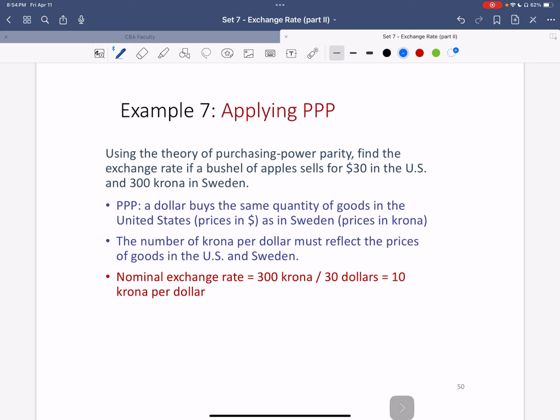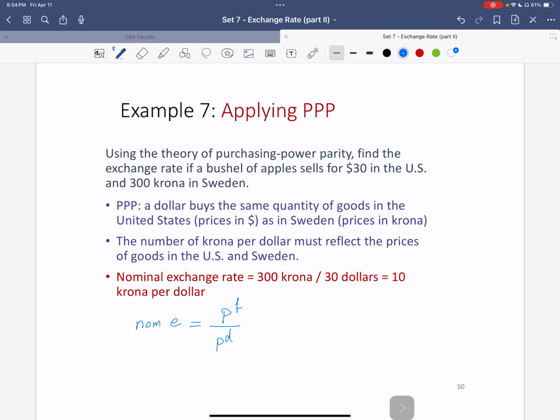So the number of krona per dollar must reflect the prices of goods in the US and Sweden. The real exchange rate is equal to 1, so we will have the nominal exchange rate equal to prices in the foreign country divided by prices in the domestic country.